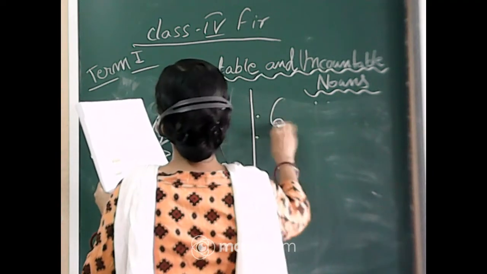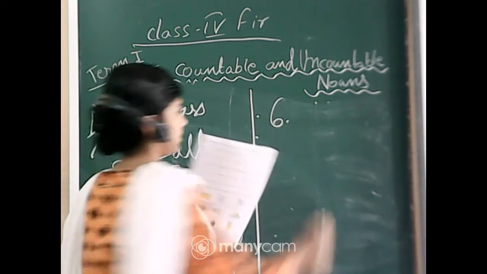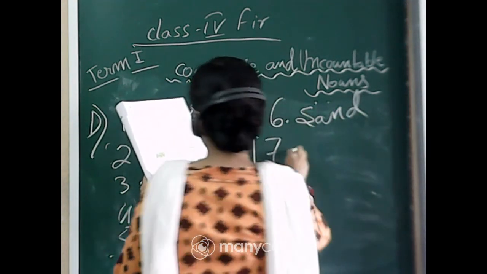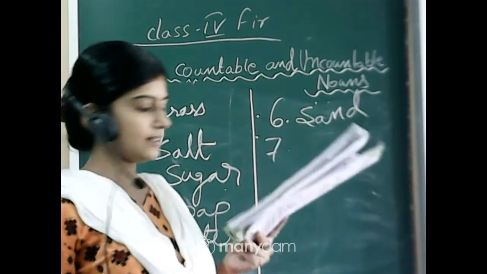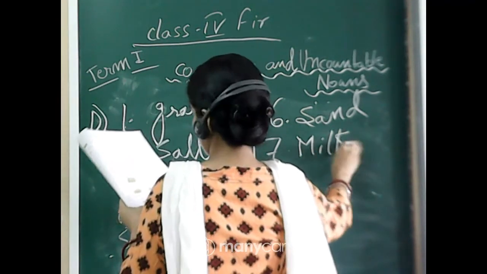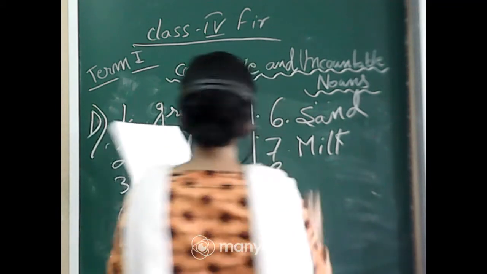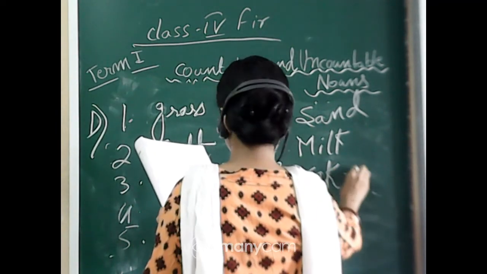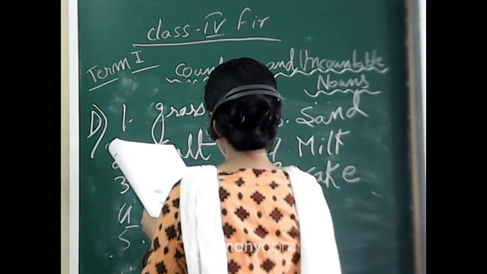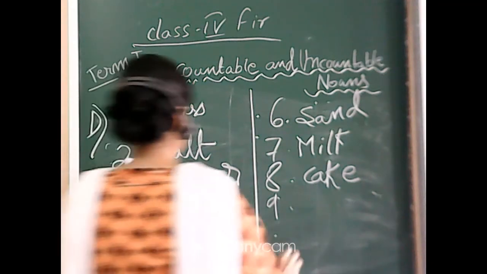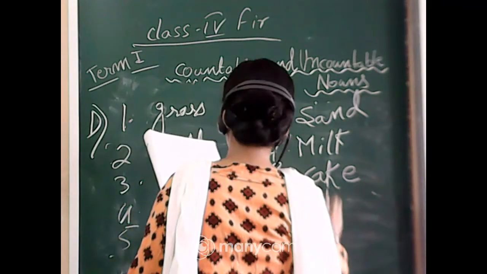Number 6, a heap of sand. Number 7, a bottle of milk. Number 8, a slice of cake. Number 9, a kilo of flour.